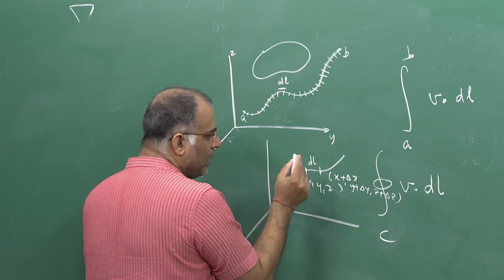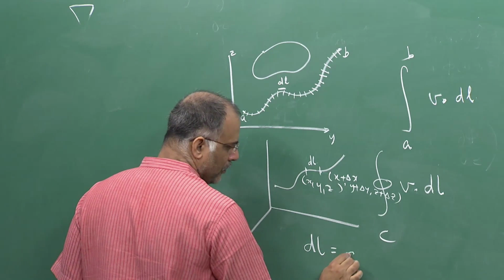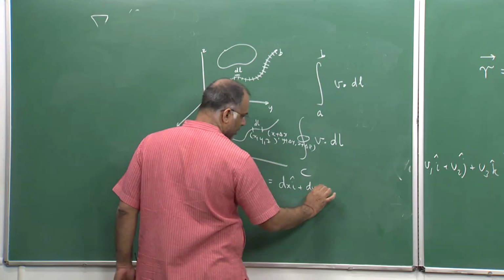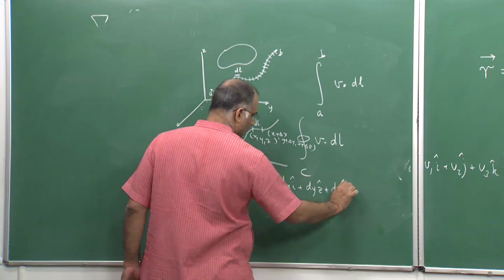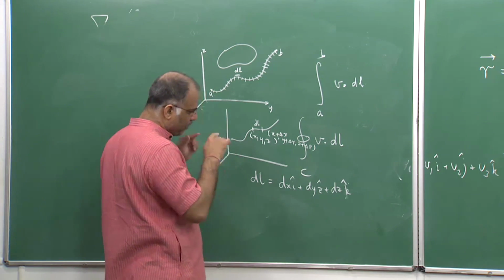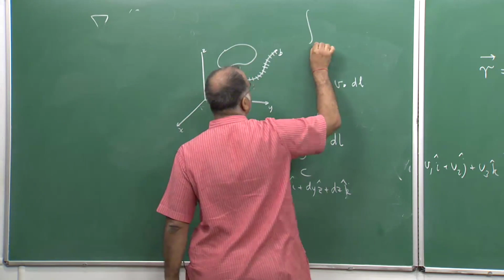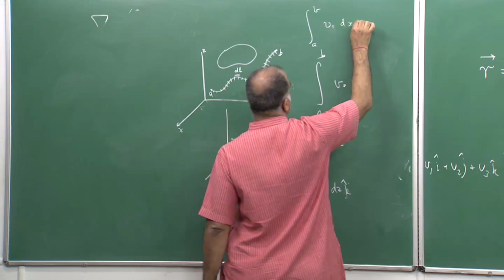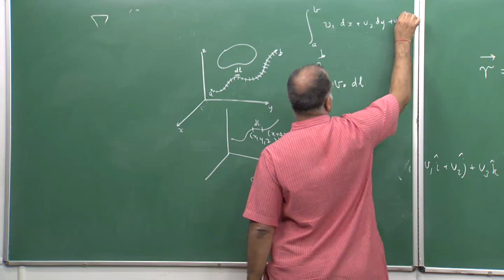So, what does dl consist of then? dl actually is dx of i vector, dy of j vector, dz of k vector, and so the dot product of v with dl is actually v1 dx plus v2 dy plus v3 dz.